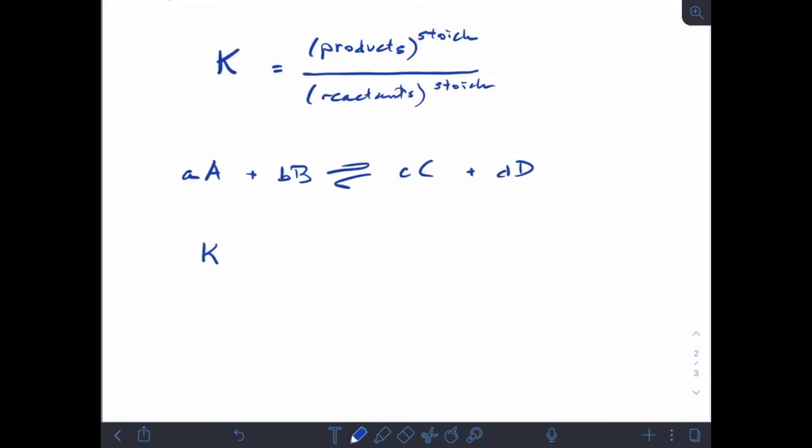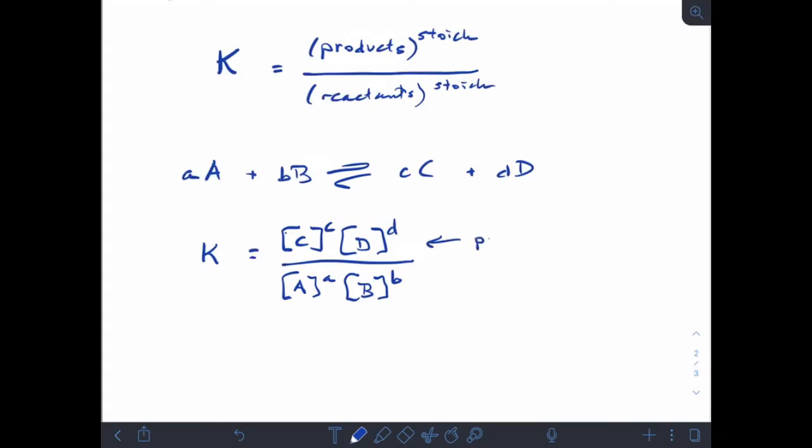So I'll say K equals concentration of C raised to the c power, concentration of D raised to the d power, over A to the a power, B to the b power. Okay? These are my products. These are my reactants.